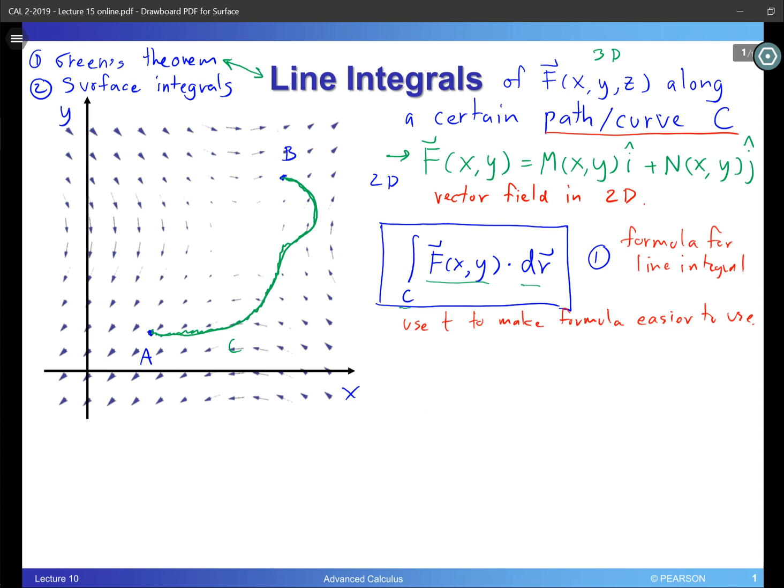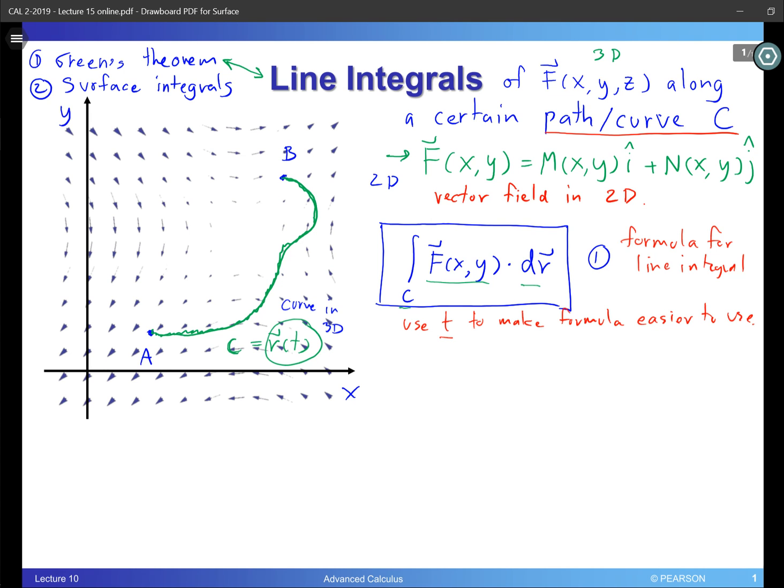Okay, so how does t help with this? Let's start with the first one. We have this c, the curve c, and at this point we don't know what it is, but then we have learned about how to create a curve in the 3D space, and we make it equal to this vector function r of t. This r of t is going to represent the curve in 3D, and we learned about this before the midterm, long time ago.